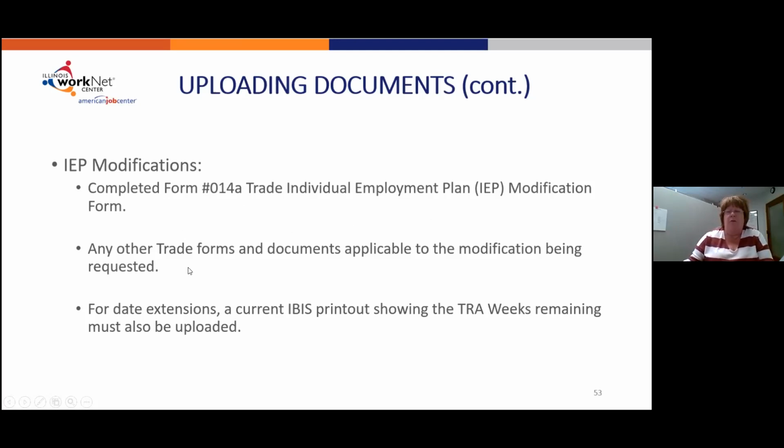Any other trade forms, like if there's a transportation change or a change in the class schedules, that would be the Form 6D or 6E, and any other forms or documents that are applicable to whatever modification you're requesting for approval. For date extensions, we are now requiring a current IBIS printout that shows the TRA weeks remaining, because we have to ensure that that person can complete that training within the allowable TRA weeks.